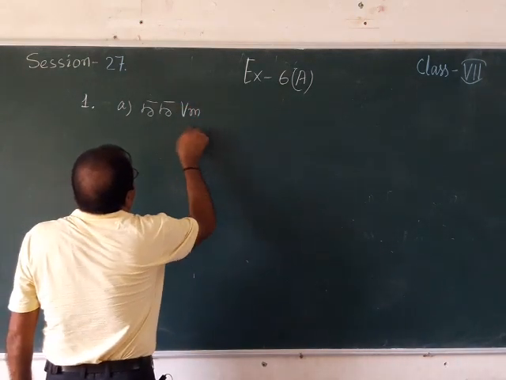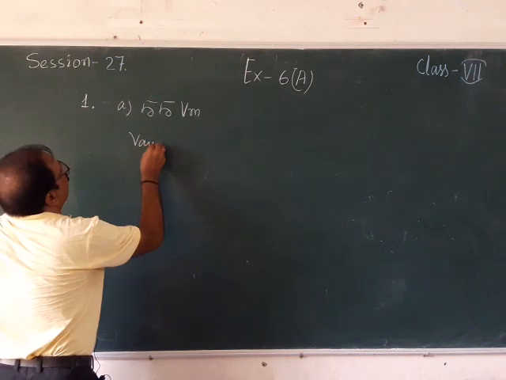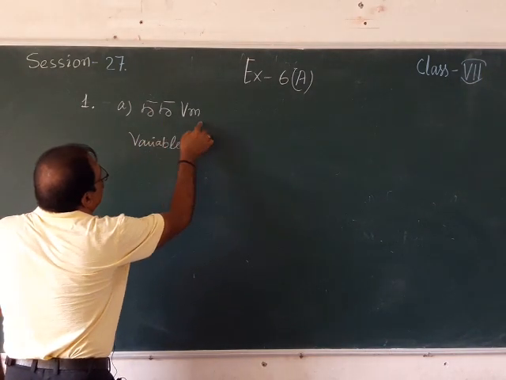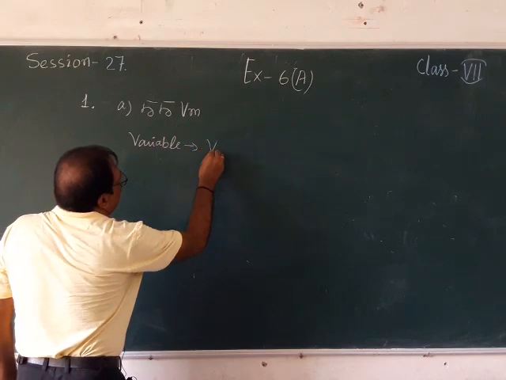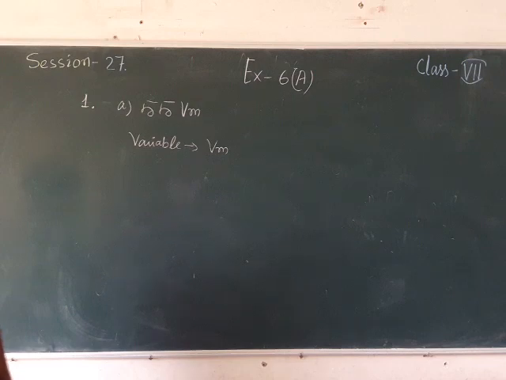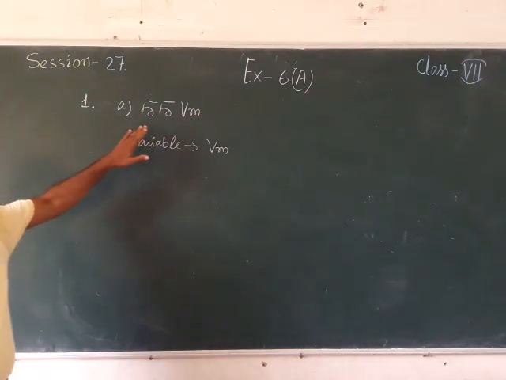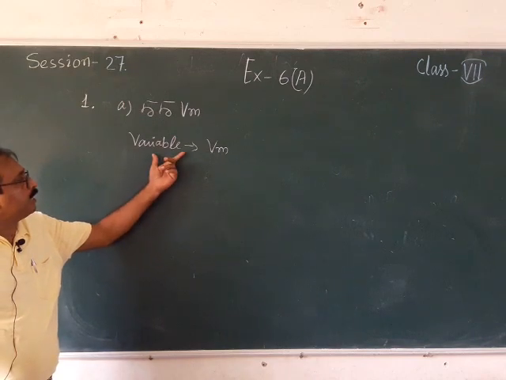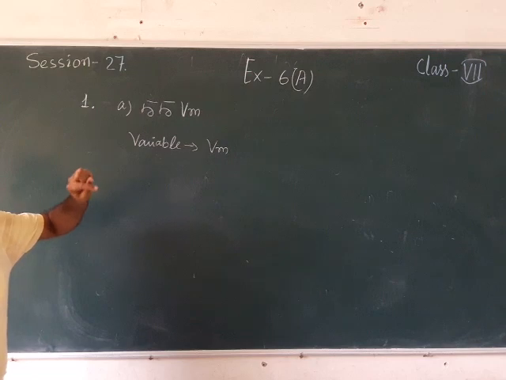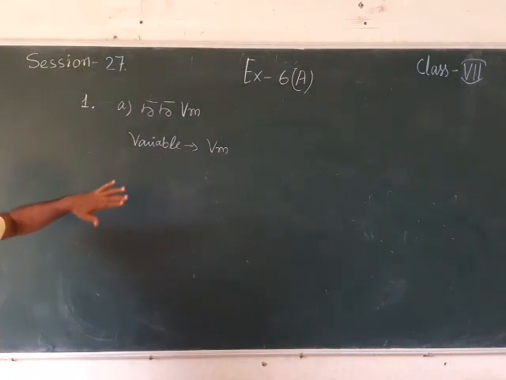The variable is V and M, or you can just say Vm is the variable. There is no constant. In this term 55 Vm, there is only a variable.